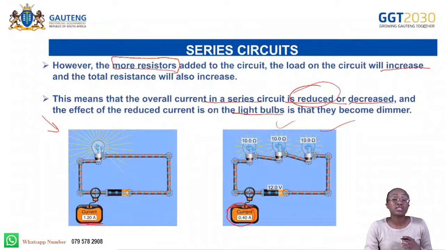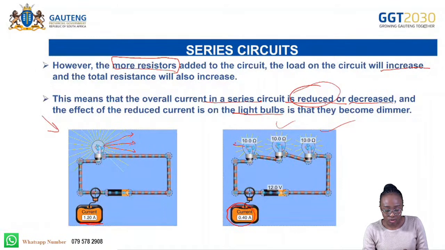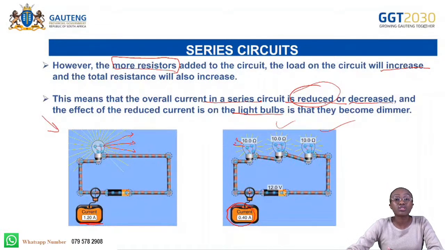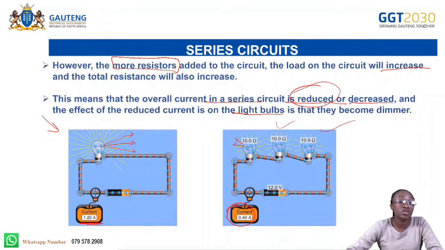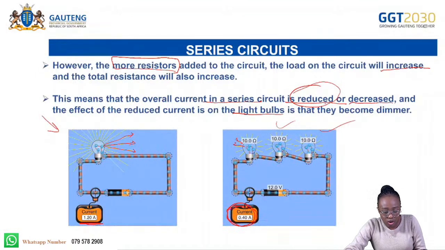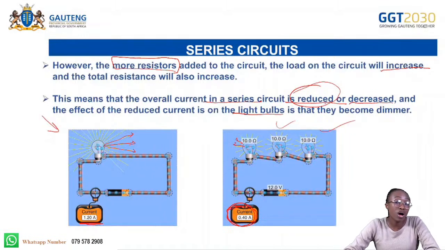Are the lines that represent the brightness still as long? No, they are now shorter. So what has happened in this particular case? By adding more resistors to the series circuit, we have increased resistance, but current has been reduced, as shown here on the ammeter. We now have a lower current of 0.4 amps.